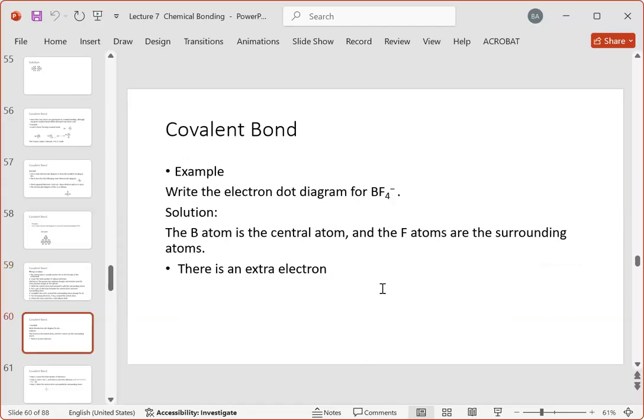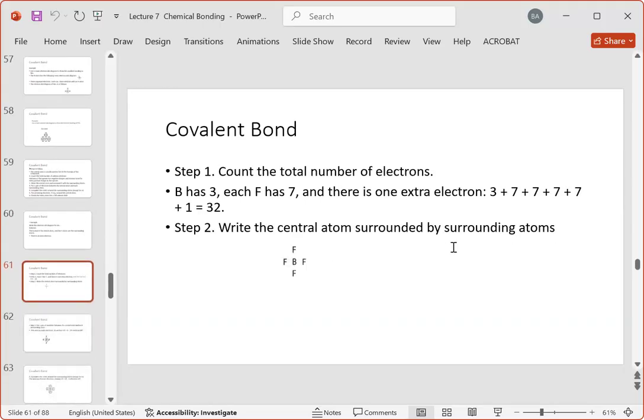Now let's see. Write the electron dot diagram for the boron tetrafluoride ion. So the boron atom is the central atom, and the fluorine atoms are the surrounding atoms. There's an extra electron, because it's a negative ion.